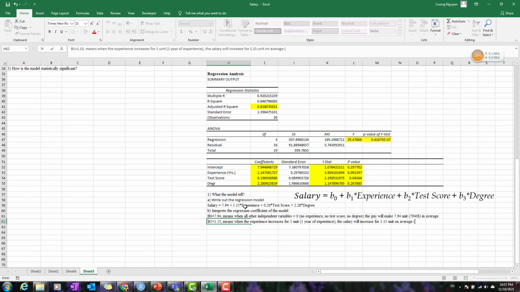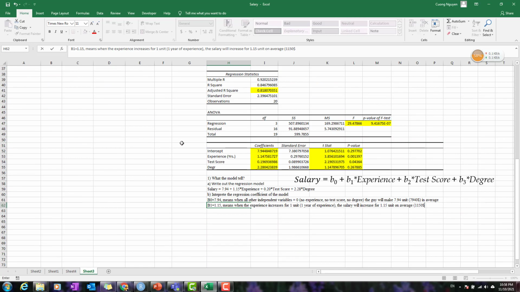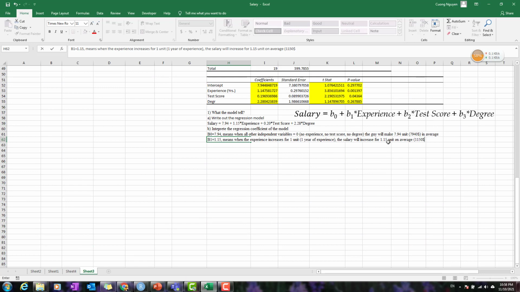That means $1,150. Remember the units of the salary could be $1,000. So that means $1,150, when other variables are kept constant.